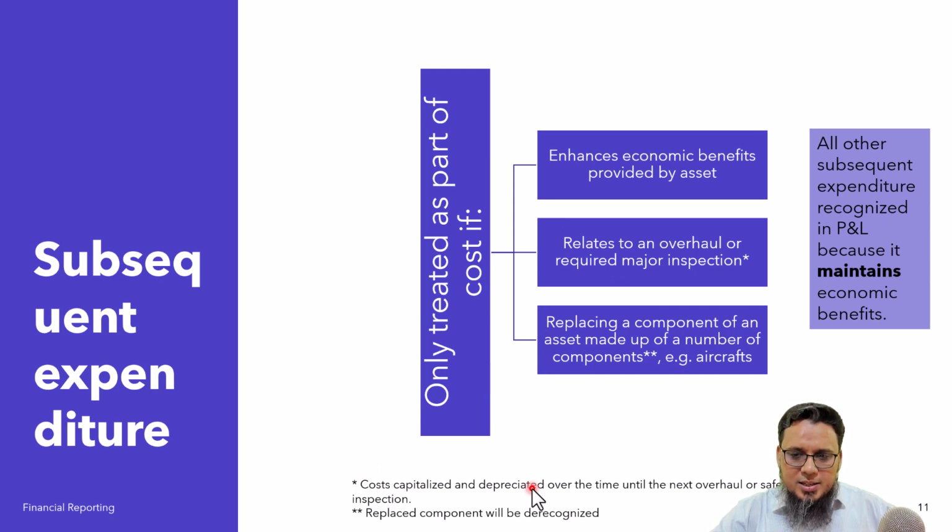Costs are capitalized and depreciated over the time until the next overhaul or safety inspection. I repeatedly give the example of a power plant. Now a power plant may have a useful life of 25 years, but the plant costs me maybe $250 million, and an overhaul might cost me $10 million.